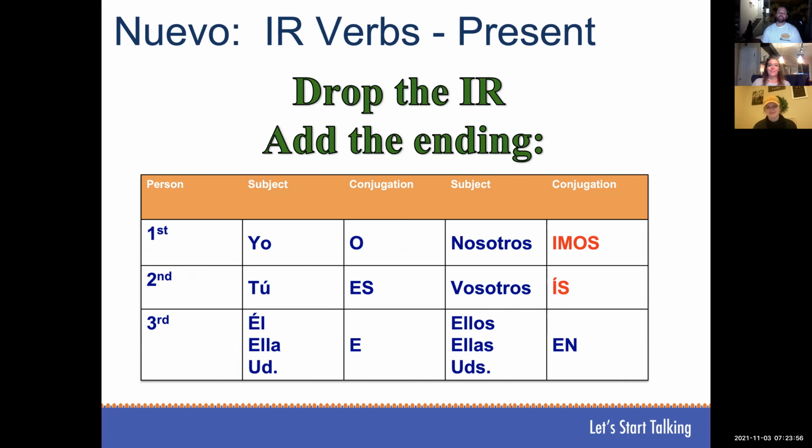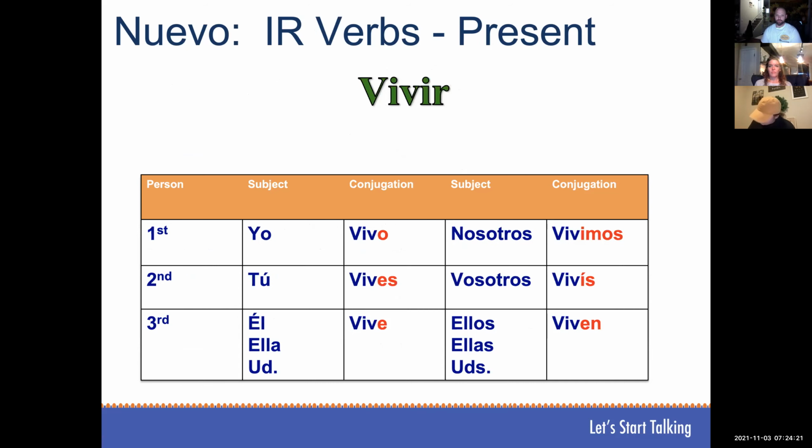Muy bien. Entonces, our last regular verb type is the IR verb, ending with IR. So we'll replace the ending with yo, o, tú, es, él, ella, usted, nosotros, imos, vosotros, is, ellos, en, ellas, en, or ustedes, en. So nosotros and vosotros are the only deviations from an ER verb pattern.